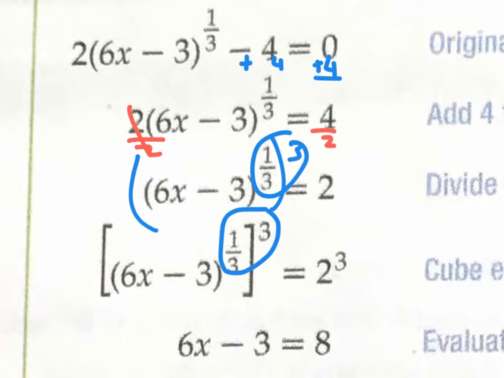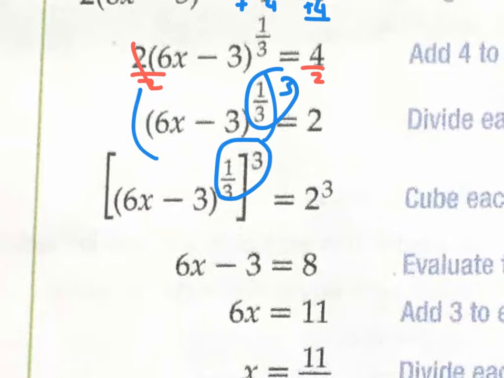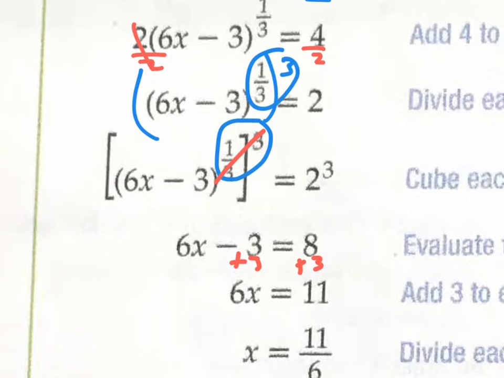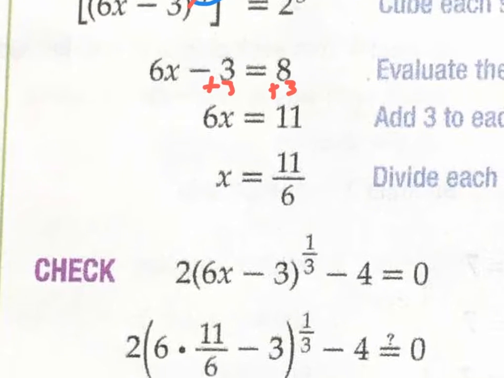So of course, the 1/3 to the third power completely eliminates, because that becomes 3/3, which becomes the power of 1, which means that you don't need to do anything. You just have the 6x minus 3 left over. And 2 to the third, 2 times 2 times 2 is 8. And of course, we add 3, and we get 6x equals 11. The answer is 11/6, which is a fraction.